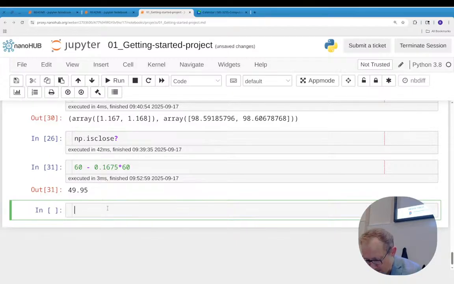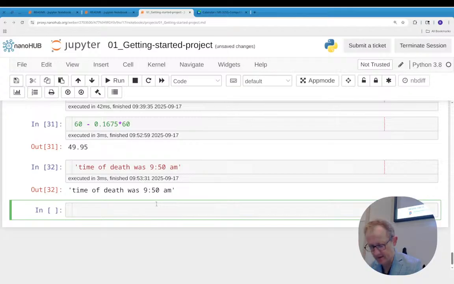So then it would be 10 a.m. minus all that, meaning somewhere around 9:50. A print statement would be better here, but 9:50 a.m. If you're worried about the seconds, you could do another 0.95 times 60 and figure out how many seconds, but how close do we need to get? At least to the minute is pretty good, right?